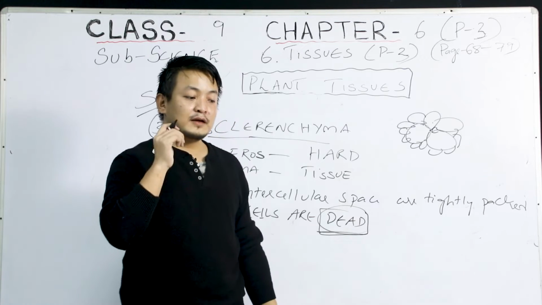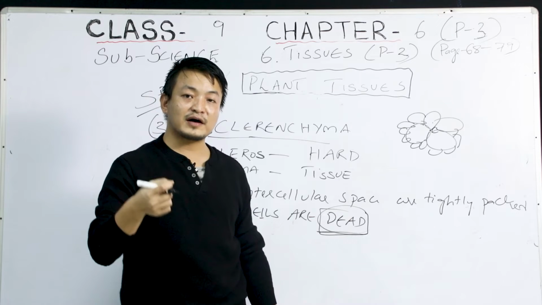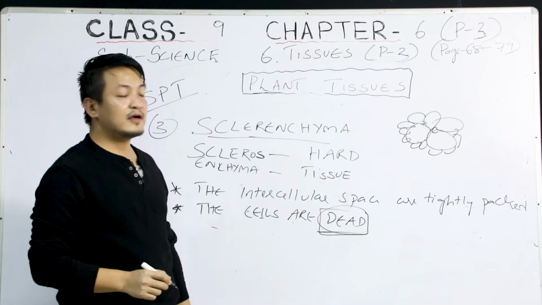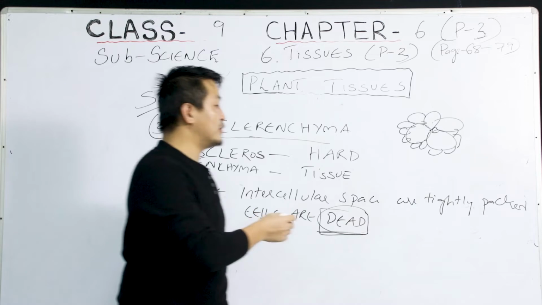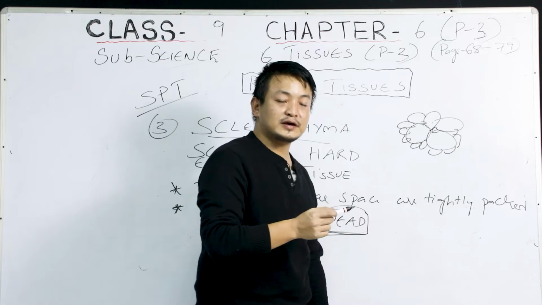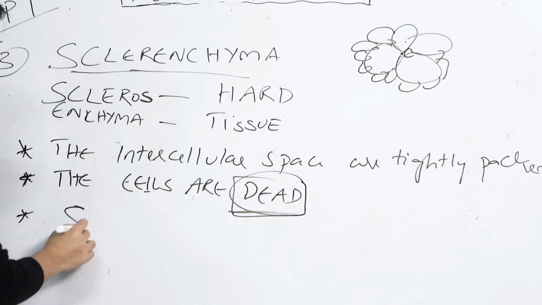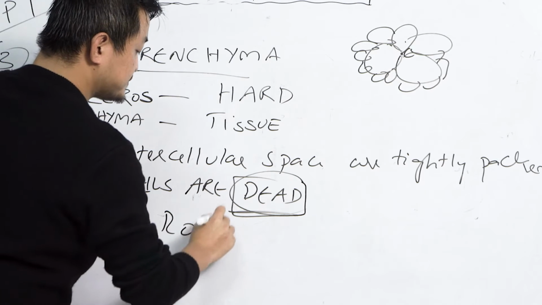You have seen the hardness of the stem, the hardness of the plant. That is because of this Sclerenchyma, and one major reason is that the intercellular spaces are tightly packed. You can find this in the stem and in the roots.